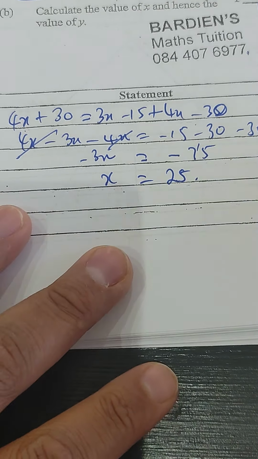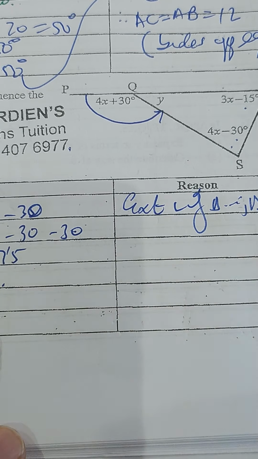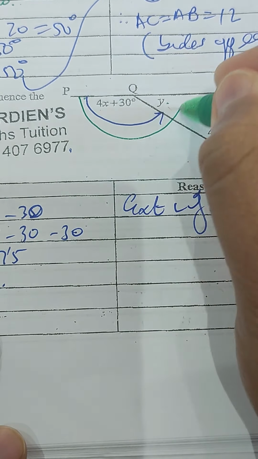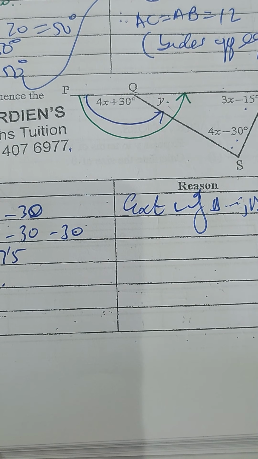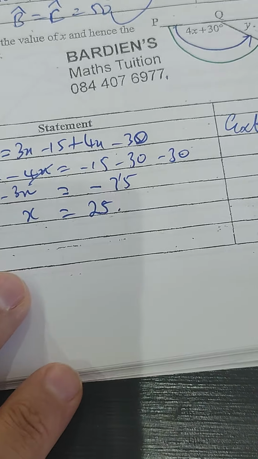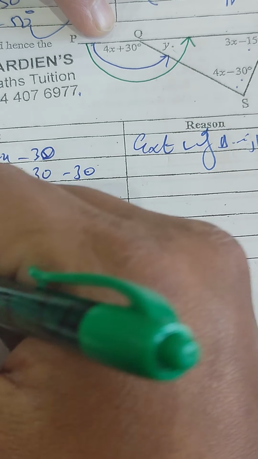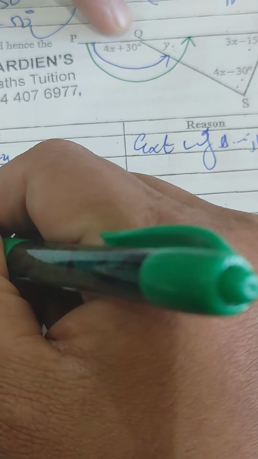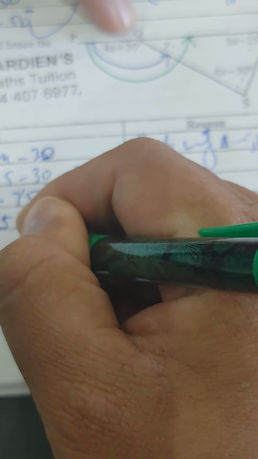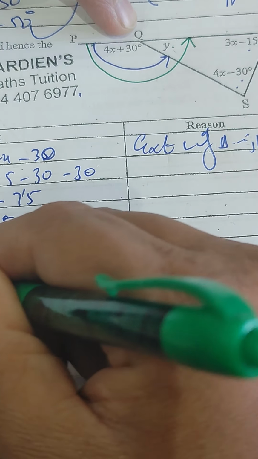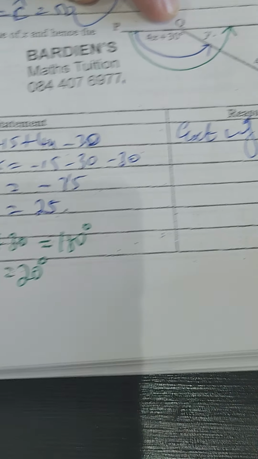Now there are two ways to work out y: either sum of angles in a triangle or angles in a straight line. With angles in a straight line, I can say that y plus 4 times 25, which is 100, plus 30 is 130, equals 180. So y is going to be 50 degrees.